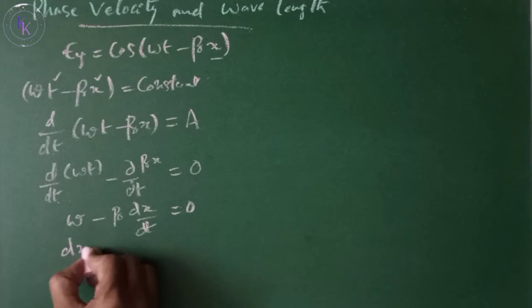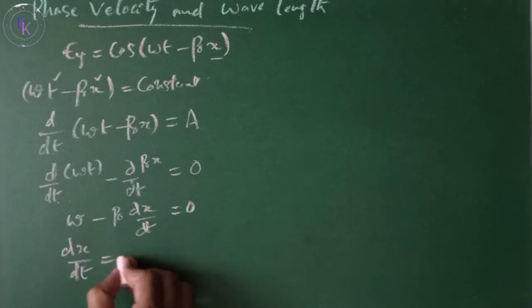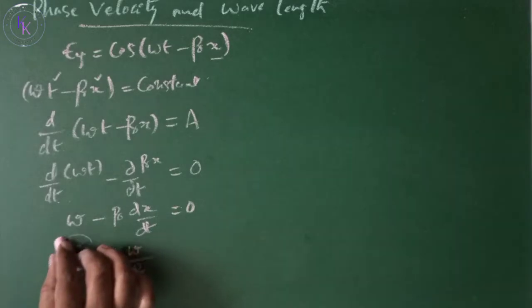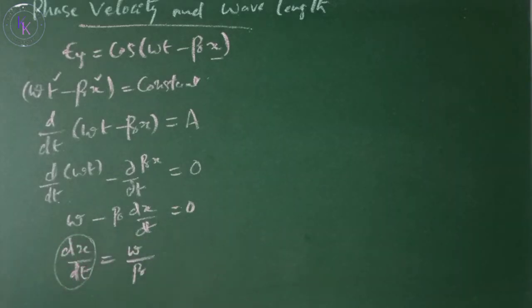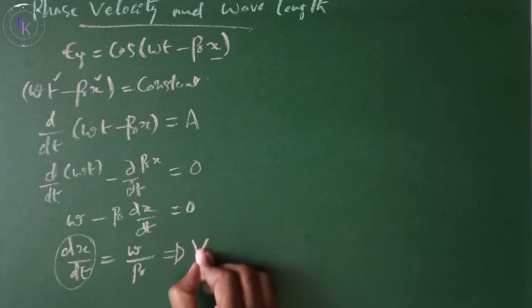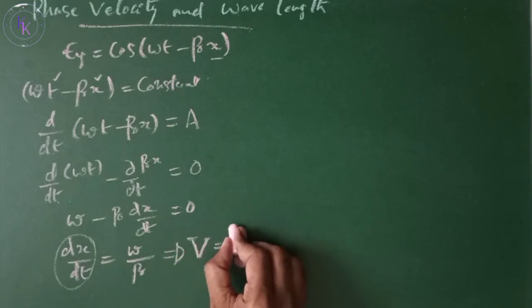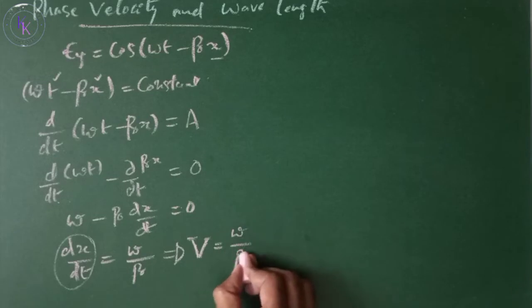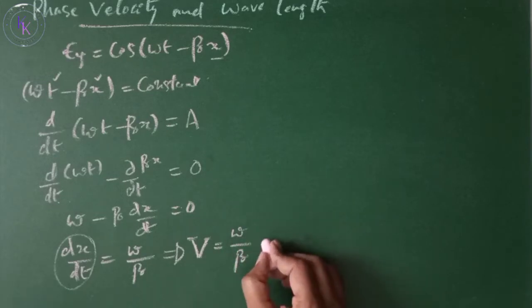From this, dx/dt equals omega by beta. dx/dt is distance per time, which is nothing but a velocity. So we can write velocity v equals omega divided by beta, in the positive x direction.